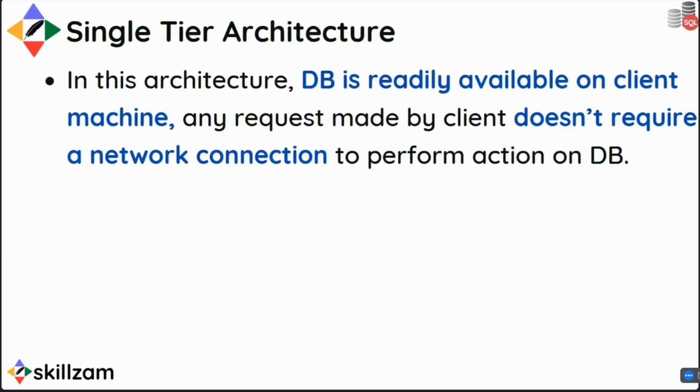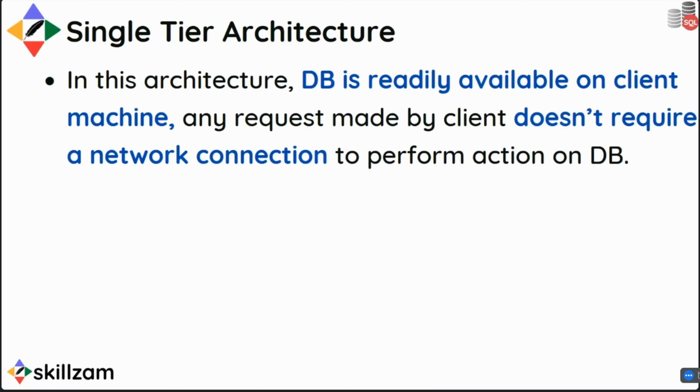Now, let's consider this single tier architecture. In this architecture, the DBMS or the database is readily available on the client machine, which means the client itself has the database installed in its system.